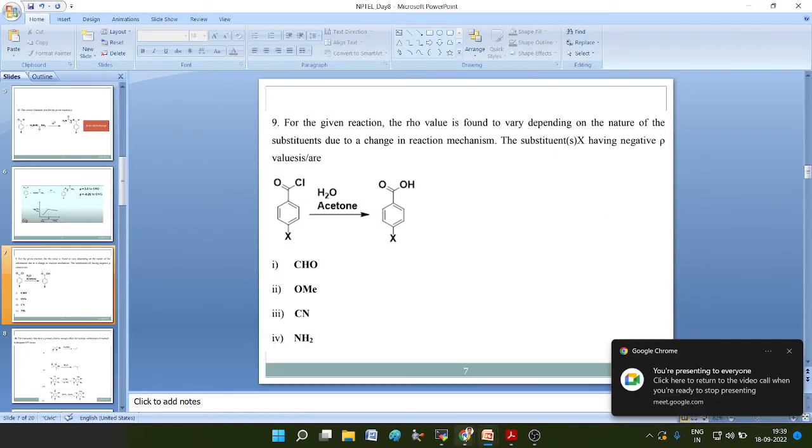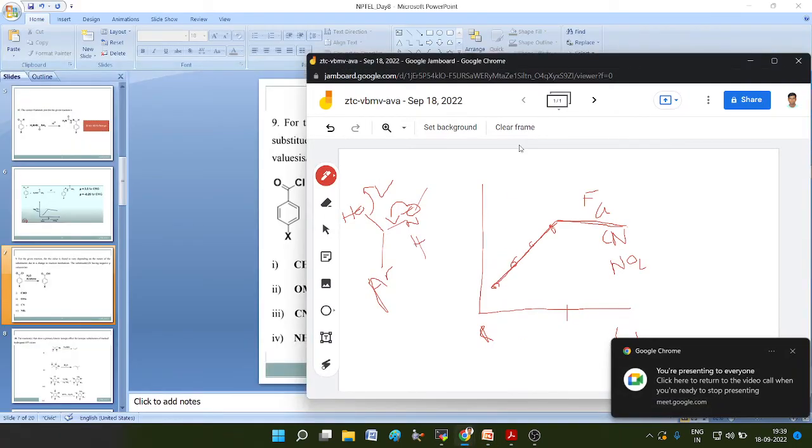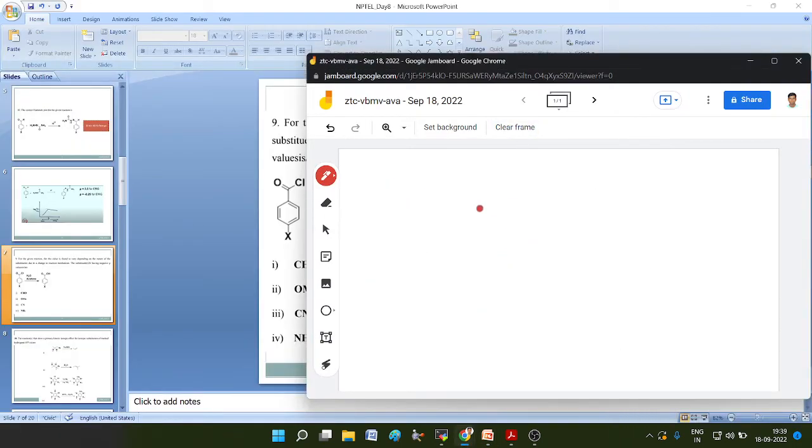Now let me draw it, otherwise it doesn't make any sense. Clear the frame. I'm having difficulty with this mouse. So Ar group and then CO and then there is a Cl group here, right?